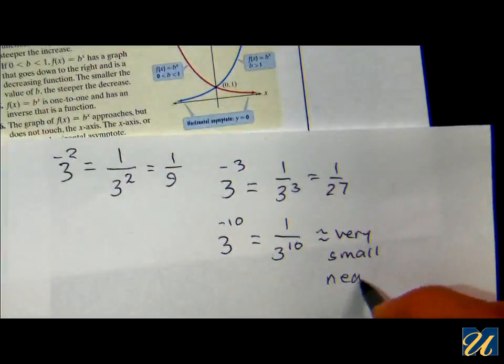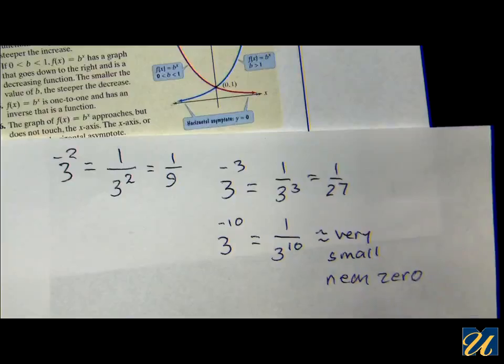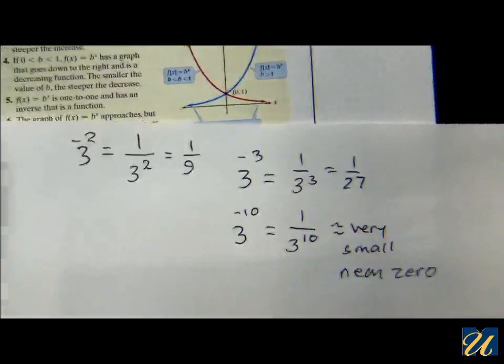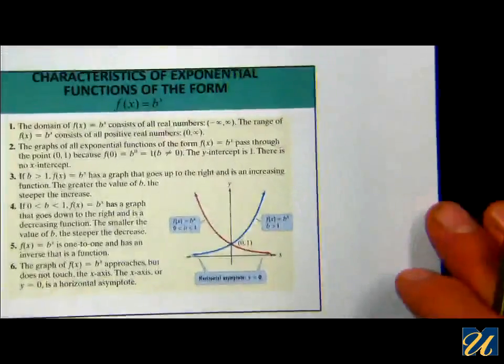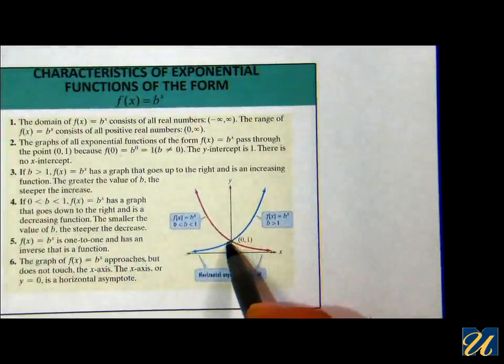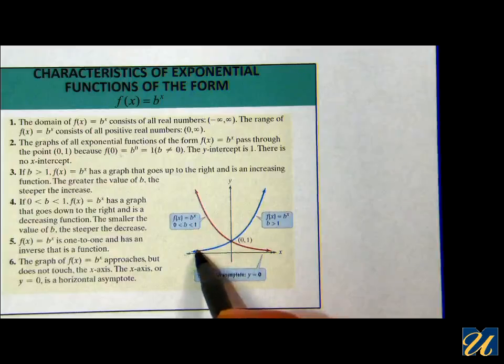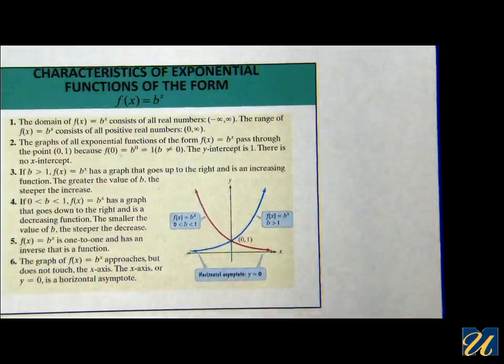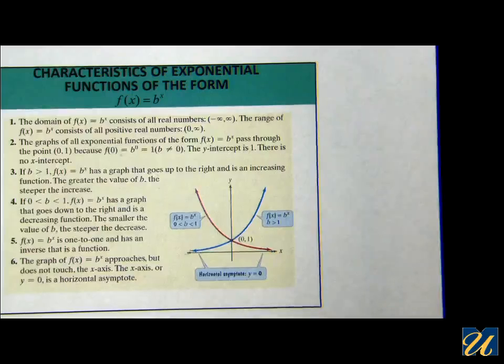It's near 0, but it is not 0. So exponential functions that are growth always decrease toward the left but never touch the x-axis. The y-coordinates continue to get smaller and smaller, but they never reach 0.